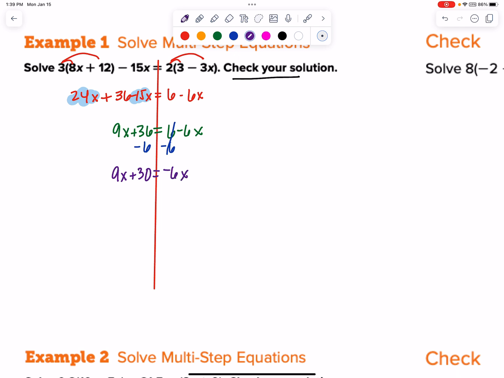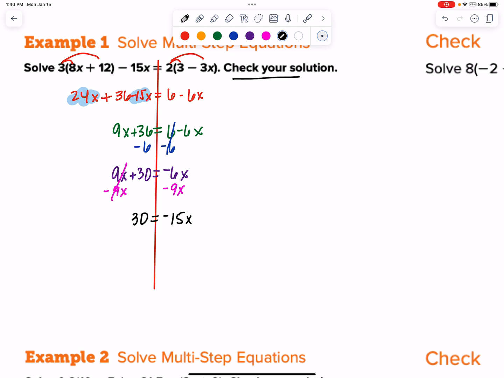Then we can go ahead and get our x's onto one side. So let's go ahead and subtract 9x from both sides. That goes away, and we're left with 30 equals negative 9 plus another negative 6. If you combine those, we have negative 15x.